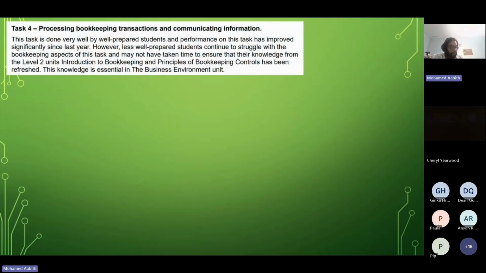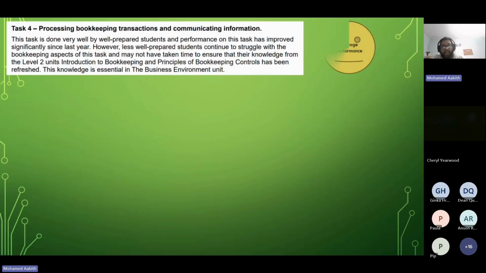Now task 4. We've done 3 tasks. Now task 4 there: processing, bookkeeping, transaction, and communicating information. This one is where the students, if they're well prepared, have shown a great improvement since last year. However, if you're not well prepared, you continue to struggle with the bookkeeping aspects of this task, not taking time to ensure knowledge from the other two units we've been emphasizing, because you should not forget what you learned already in your first few units.